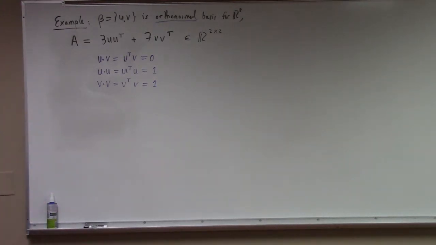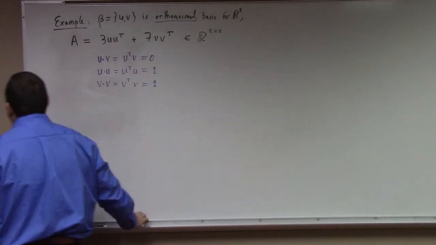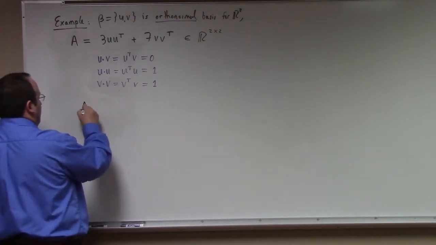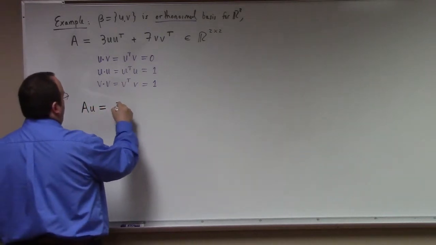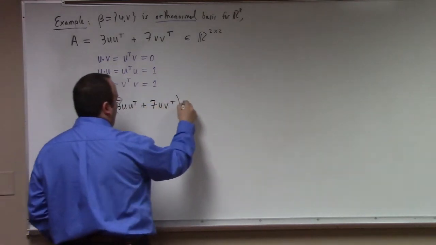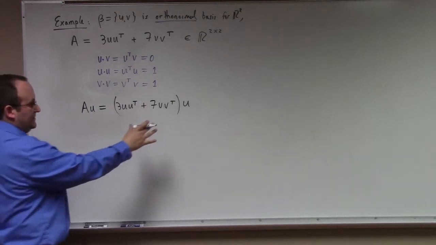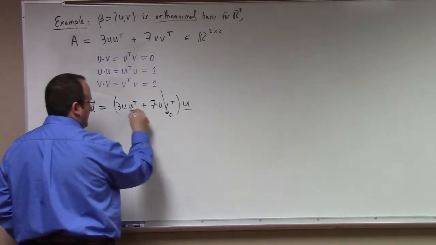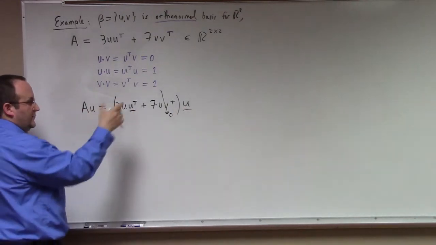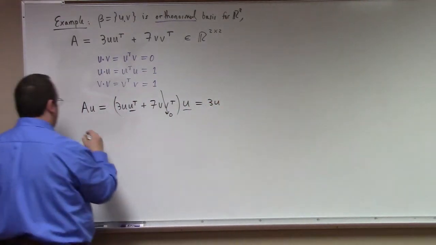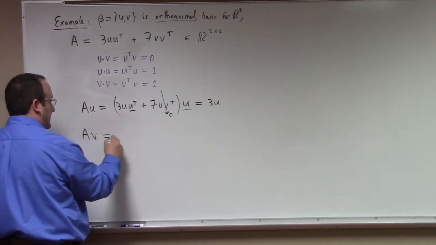So what happens if you take this A and you multiply it by u? What's Au equal to? This piece dies, and when this hits that, you get 1, right? So you're left with 3u. And if we take A times v, what do we get?